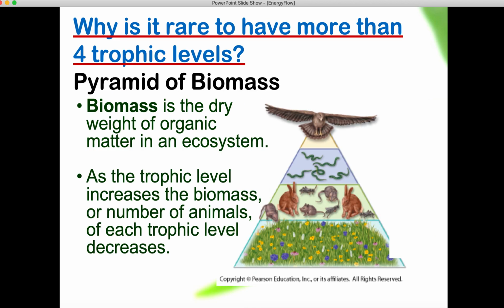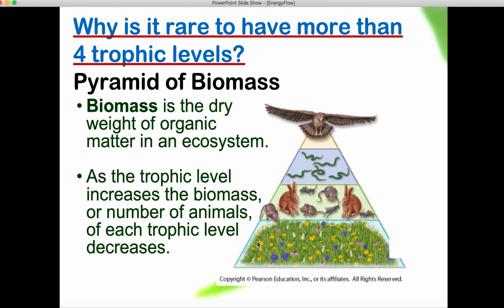Okay, so pyramid of biomass. Again, what is biomass? We talked about all of the species that are around. So if we were to weigh all of these species, then the biomass is going to be much larger at the bottom.